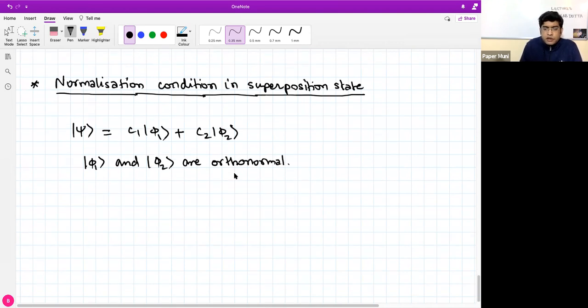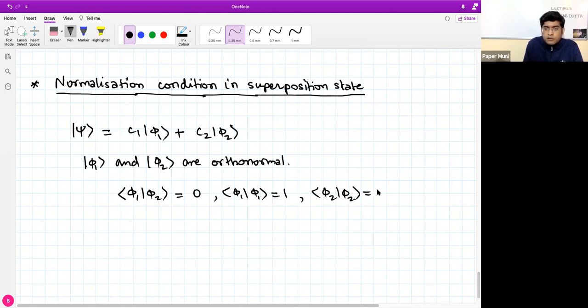Now this means that if you do the inner product of phi 1 and phi 2, it will give you 0. And if you do the inner product of phi 1 and phi 1, it will give you 1. And if you do the inner product of phi 2 and phi 2, you will get 1. This is what we mean by orthonormality. If this holds true, then only you can write it like this.